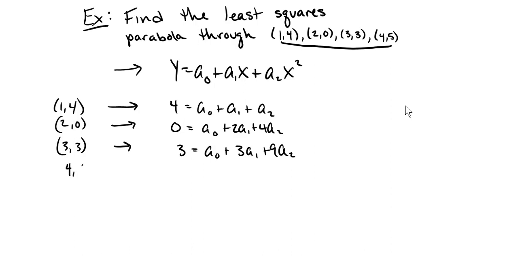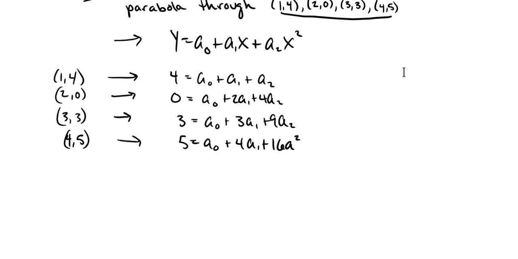And y is 5 and x is 4. Okay. And so we see there we get a system of equations for these a values, right? For the a0, a1, and a2 coefficients.